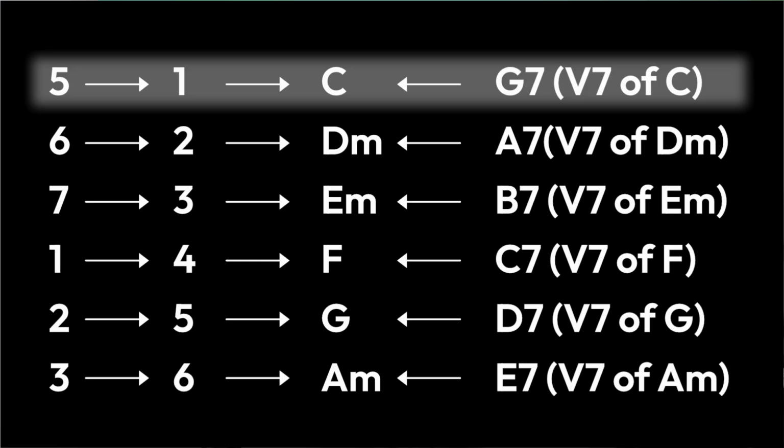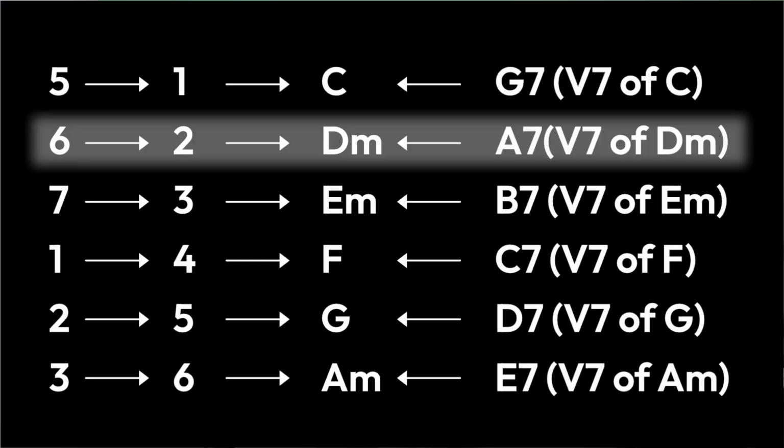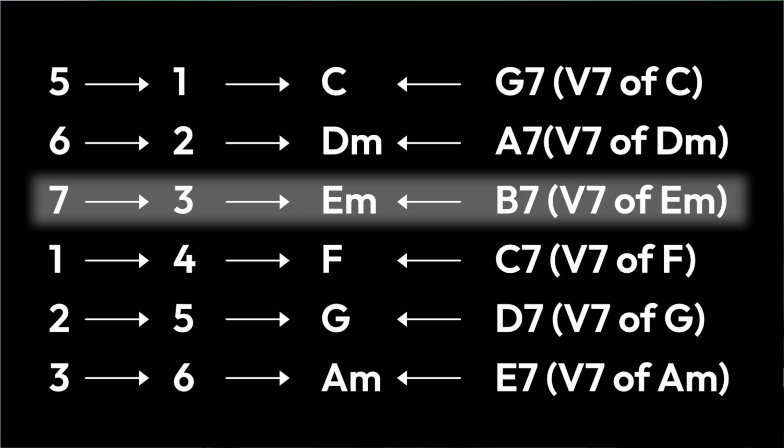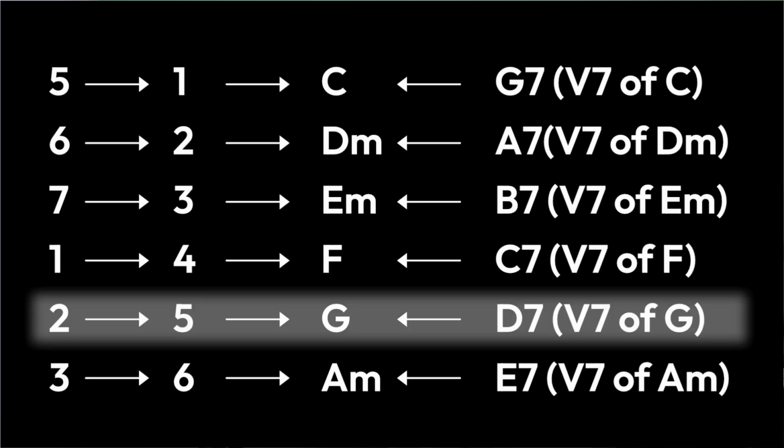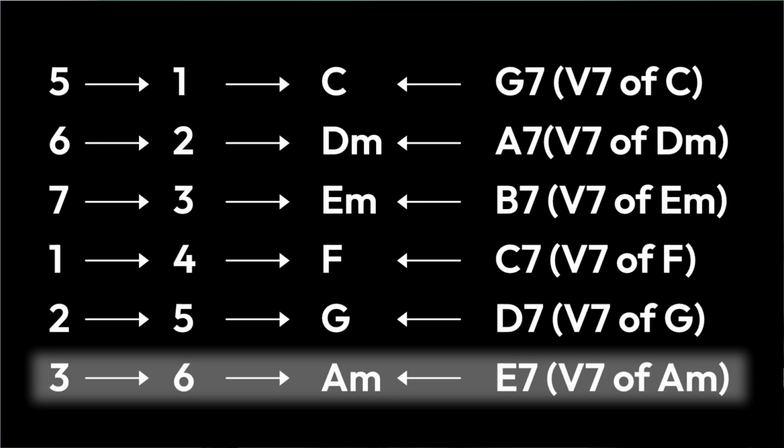So that means that 5 goes to 1, 6 goes to 2, 7 goes to 3, 1 goes to 4, 2 goes to 5, and 3 goes to 6. So what this actually gives us is the circle of fifths. If you're familiar with the circle of fifths, that's exactly what's going on here. So to remember it, think 7, 3, 6, 2, 5, 1, 4.